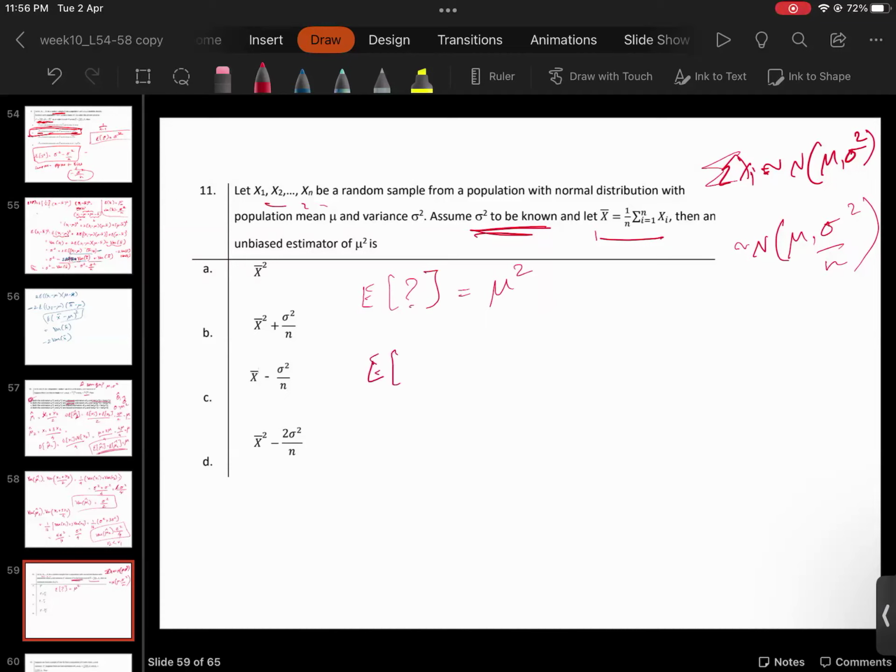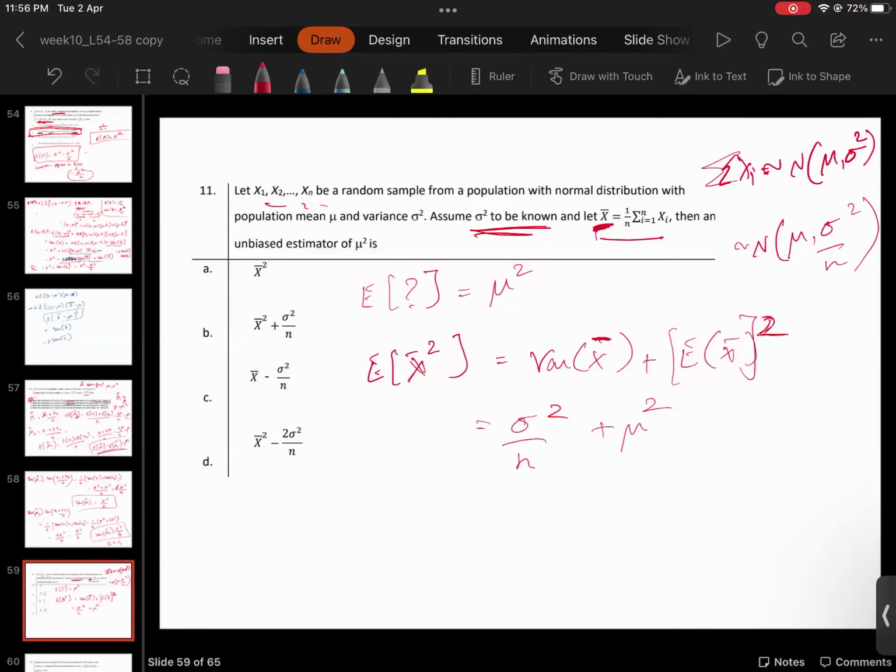So basically we have this, sigma square is known. So to get mu square, let's take expectation. This is something you need to remember: expectation of x bar square is equal to variance of x bar plus (expectation of x bar) the whole square. Now we know these values. Variance of x bar is equal to sigma square by n, and expectation of x bar is mu, so mu the whole square is mu square.